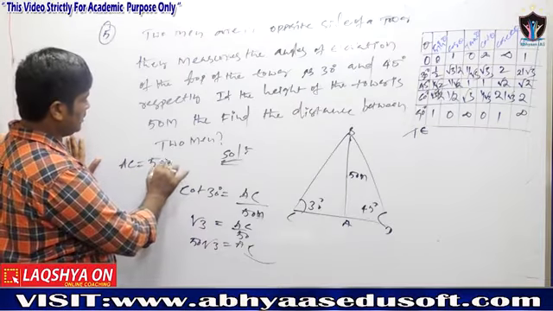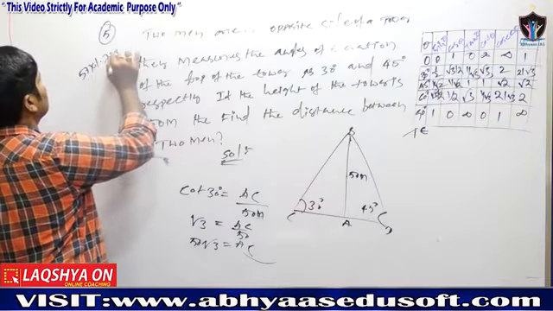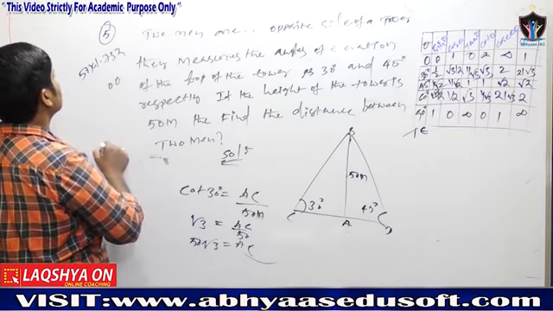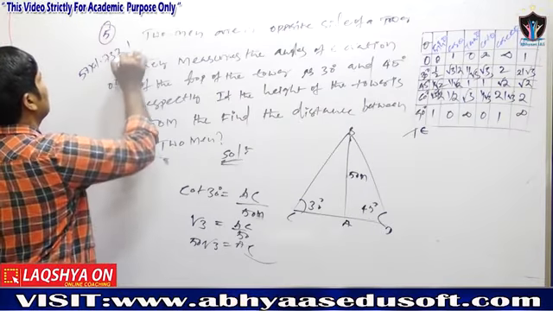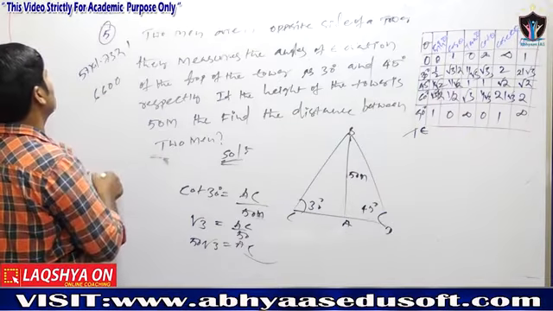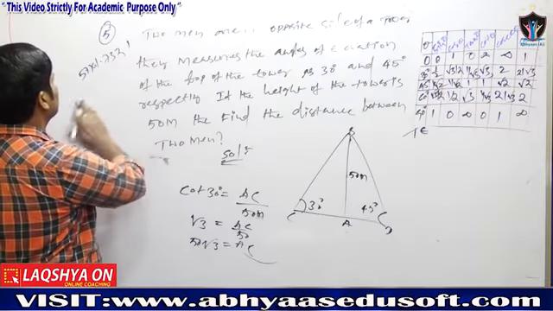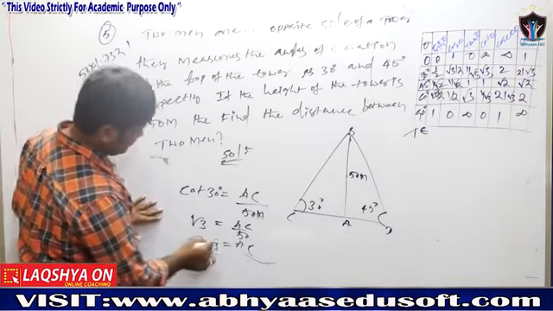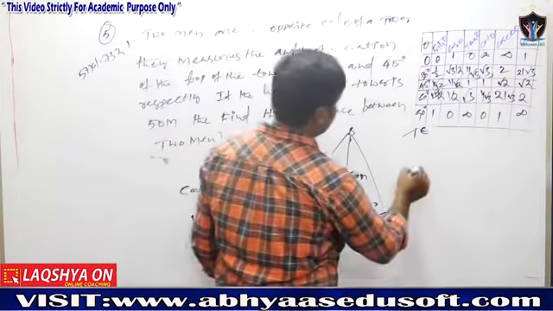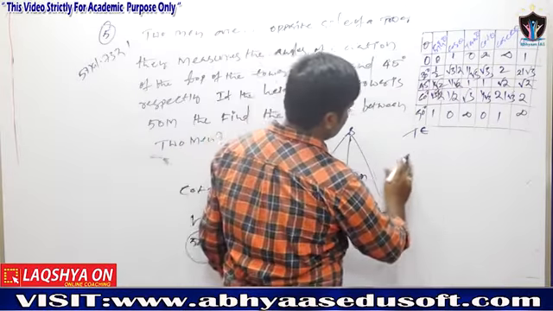So 50 into 1.732. So 50 root 3 directly we can take, and now the same thing we apply here.